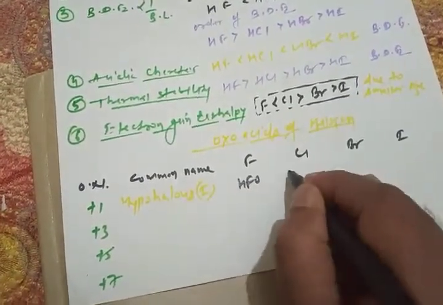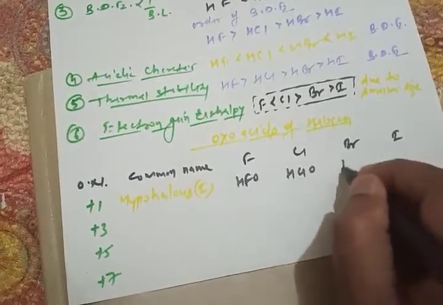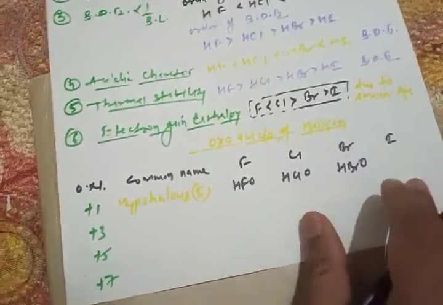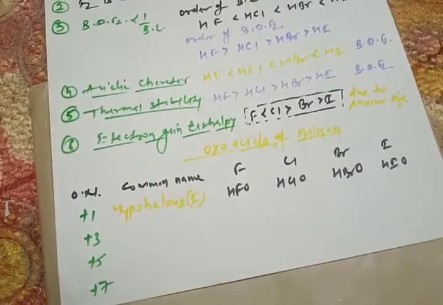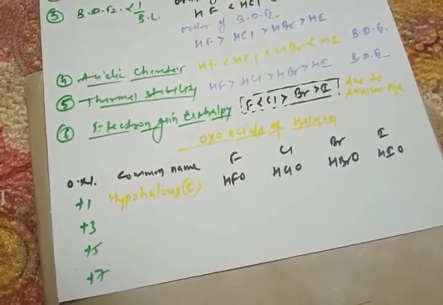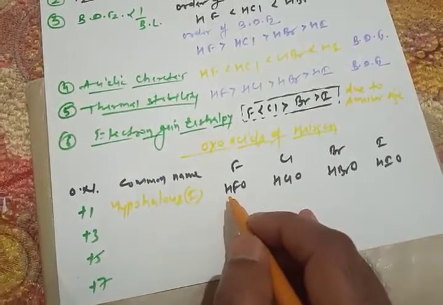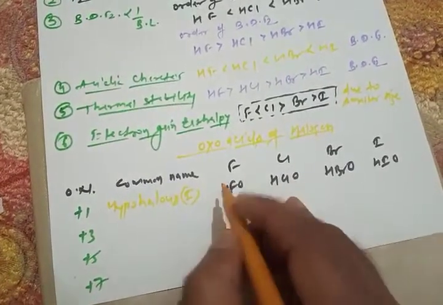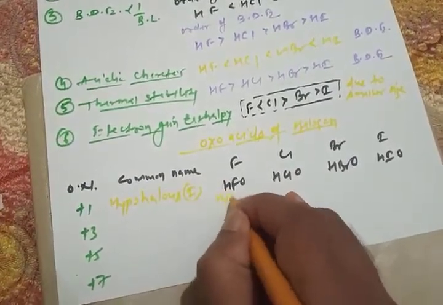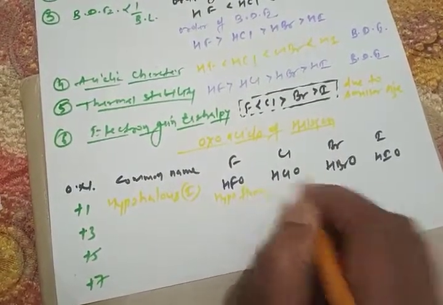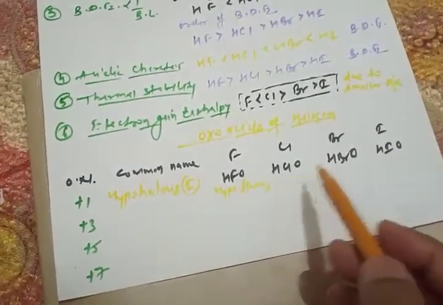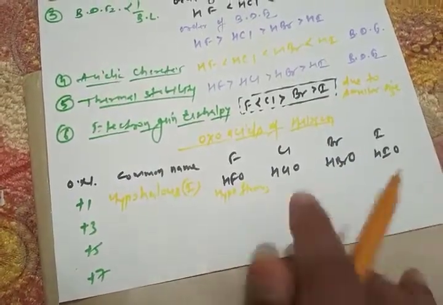HFO, HClO, HBrO, and HIO. As the common name is hypohalous acid, what is the name of this? This is called hypofluorous acid. Similarly, this is hypochlorous acid, this is hypobromous acid, this is hypoiodous acid.